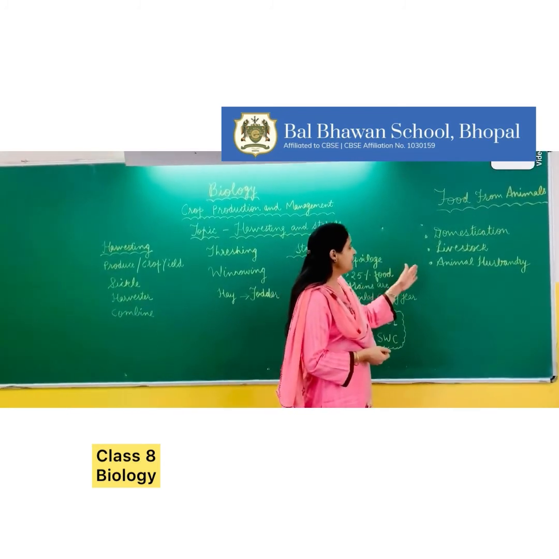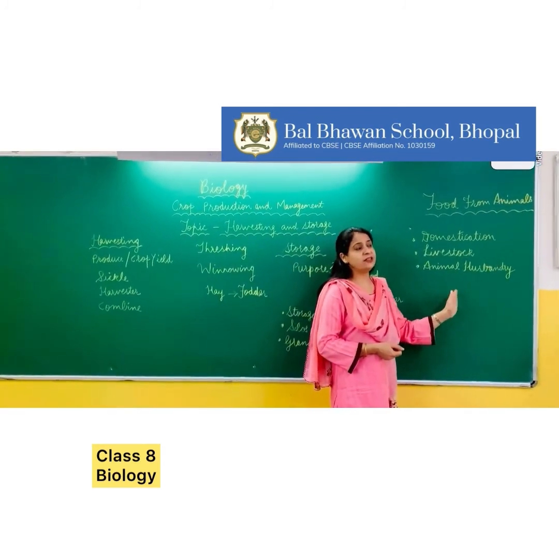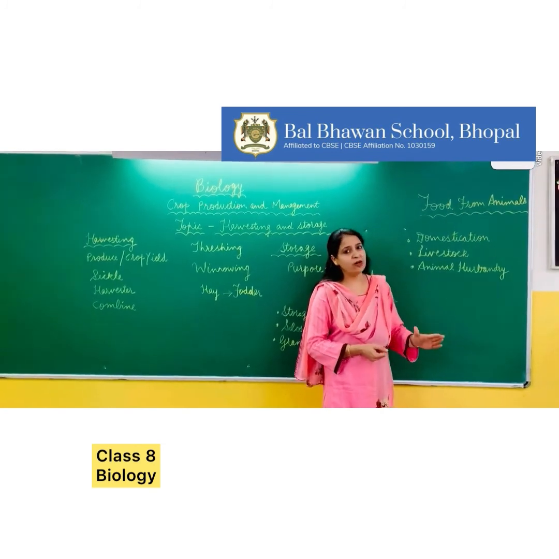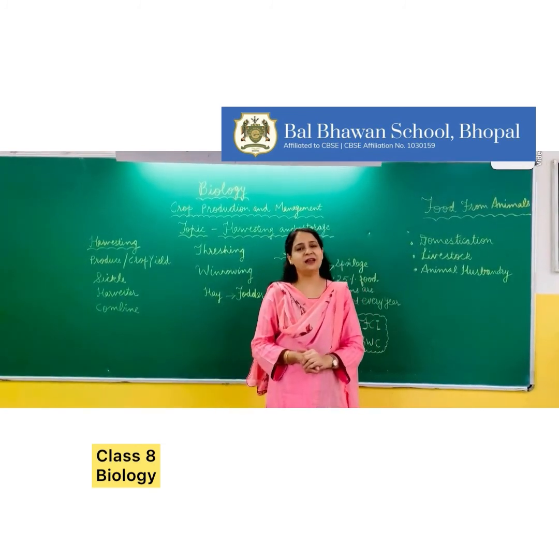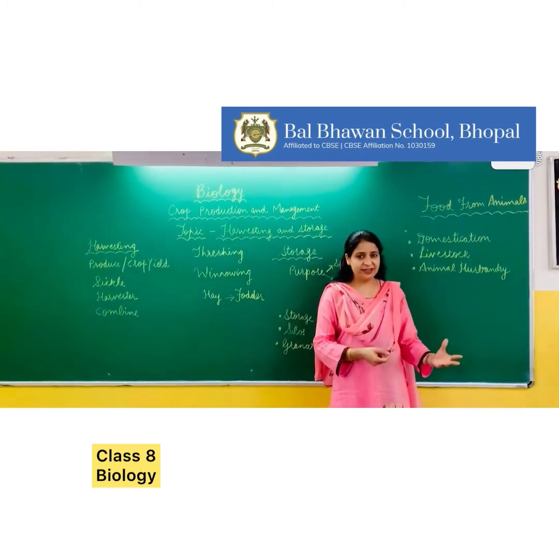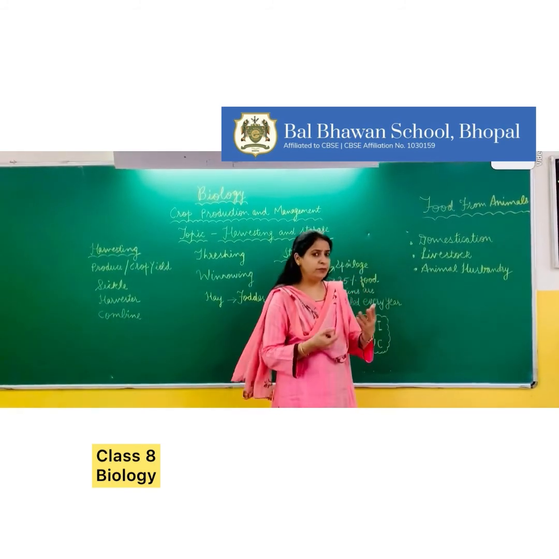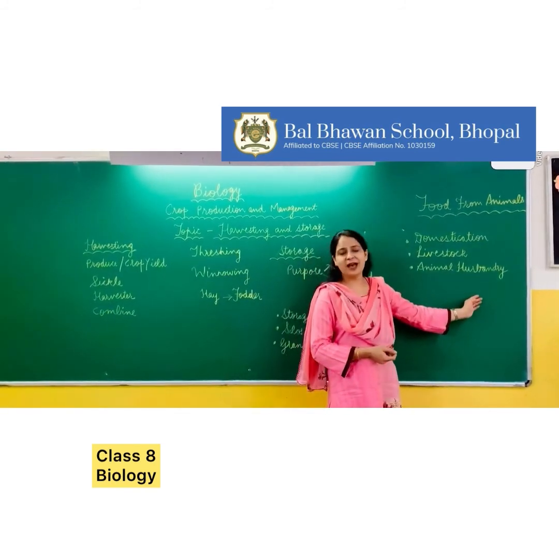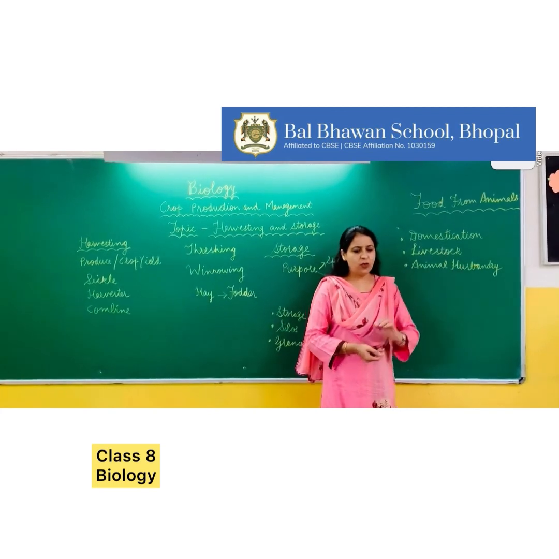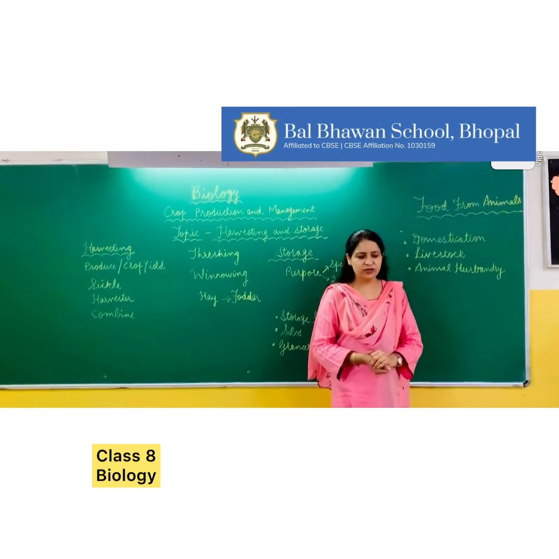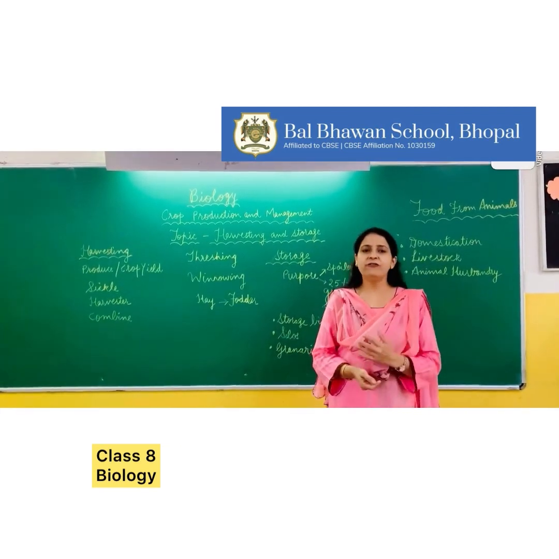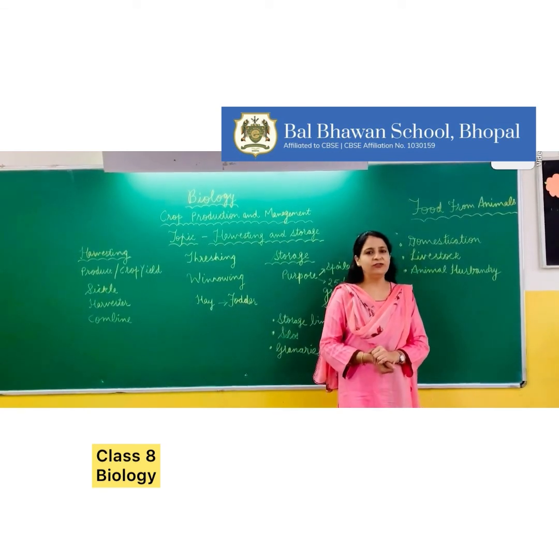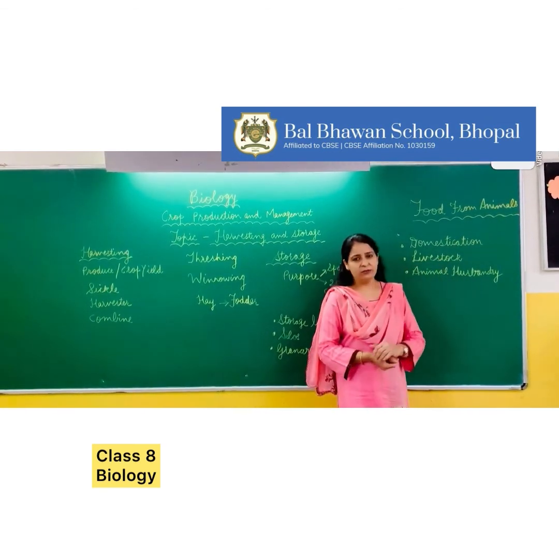The science which deals with the management or the study of the welfare of these animals, including their health care, their food and their breeding, is called animal husbandry. So animal husbandry is the science which deals with the study of food, shelter and health of these livestock animals.